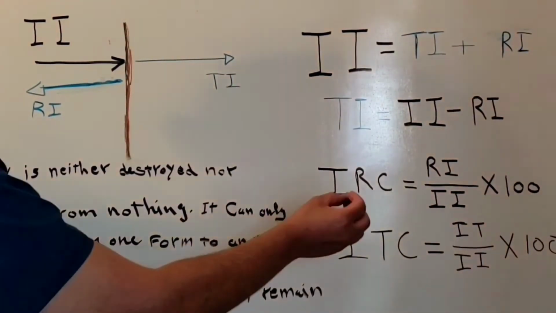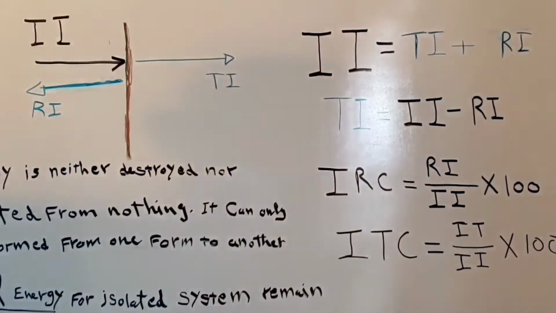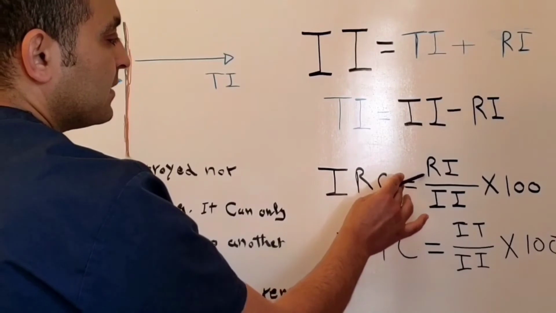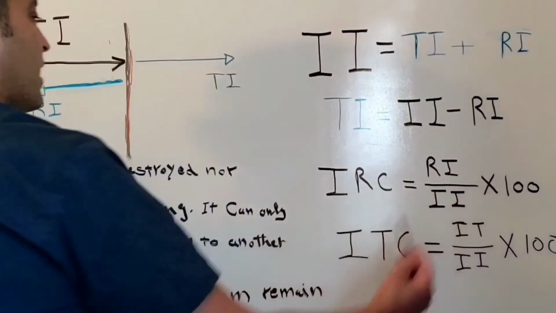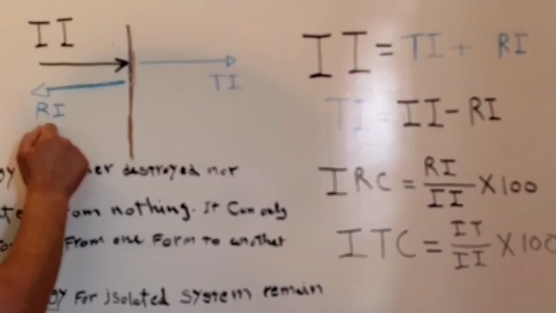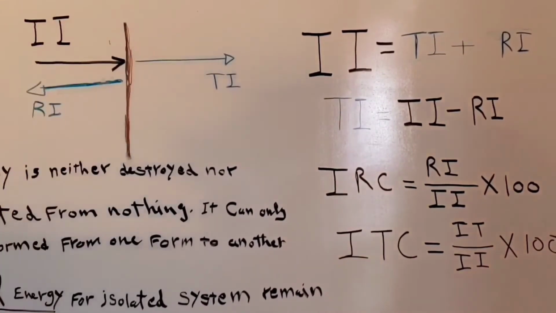So in order to calculate the intensity reflection coefficient, it will be equal to the reflected intensity divided by the incident intensity multiplied by 100. So the reflected intensity divided by incident intensity multiplied by 100.